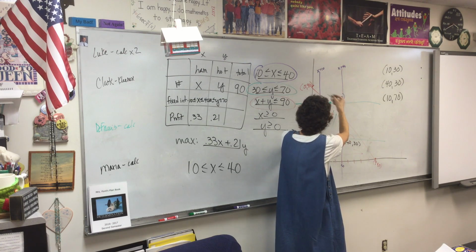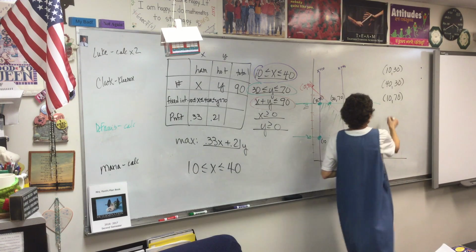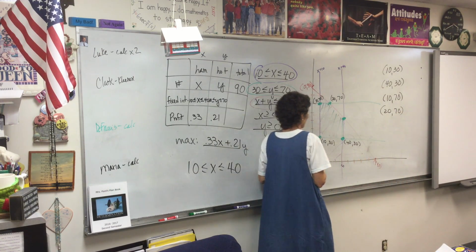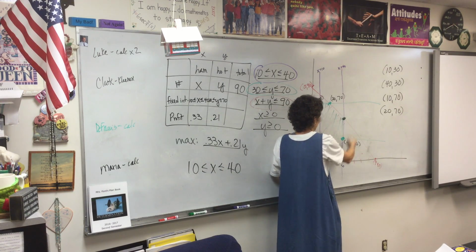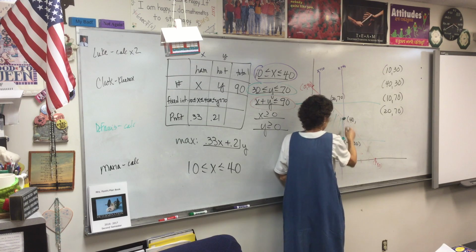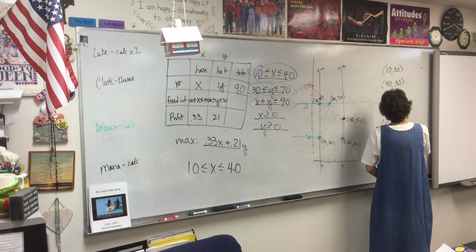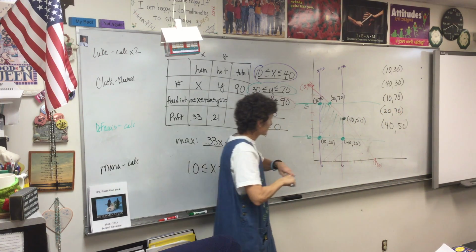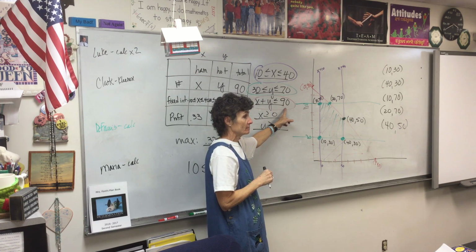So, if they have to add up to 90, that must be 20, right? Hold up, we're almost done. And what about this point right here? Well, I know x is 40, so y has to be 50. Now, those of you that are saying, wait a minute, how do you know y has to be 50? We know they have to add up to 90.